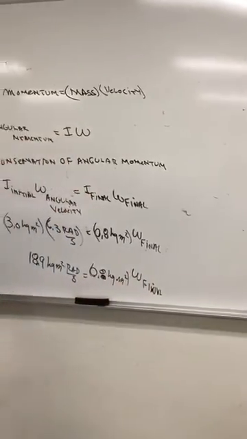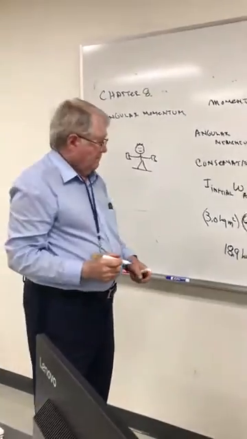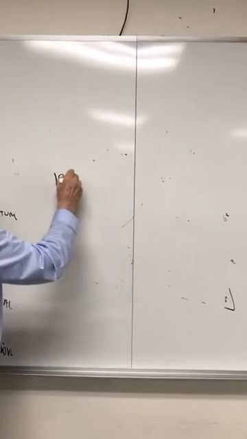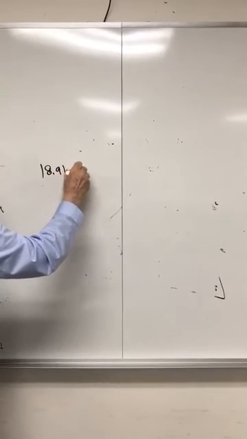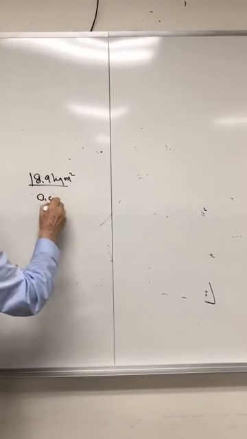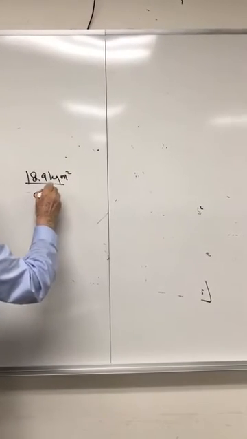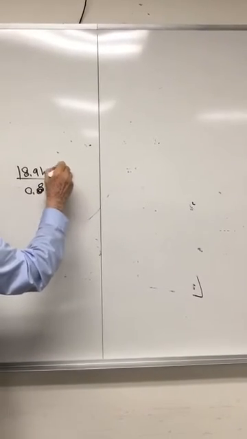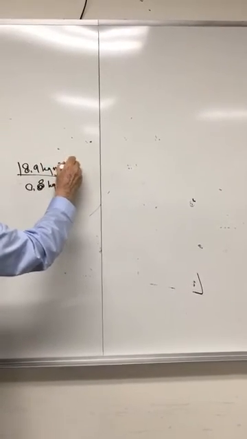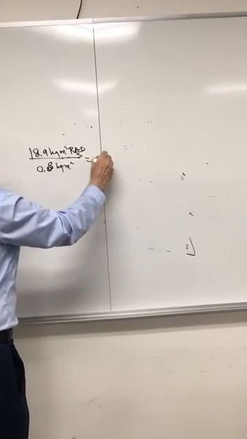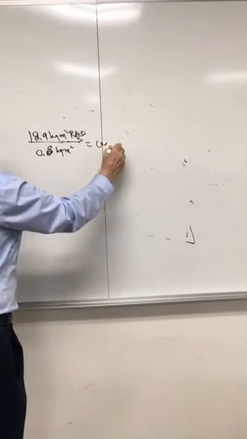Now what I'm going to do is divide both sides by 0.8. So when I do that, I have 18.9 kilogram meter squared divided by 0.8 kilogram meter squared. And this is radians per second up here. And there's your final angular velocity.